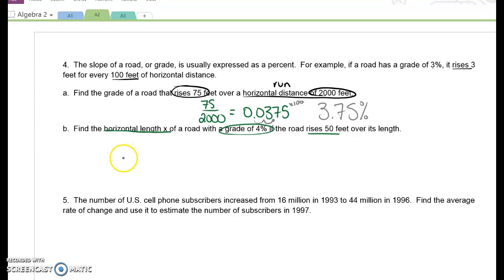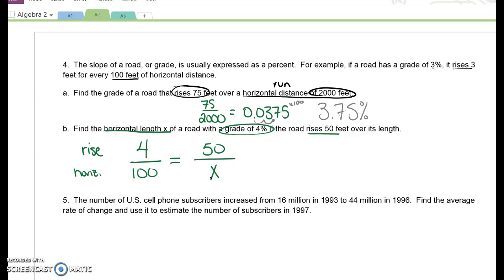We do know that the grade is 4%, and that means 4 feet vertical rise over 100 feet horizontal length. This needs to be equal to our road. On the top, we know that our road rises 50 feet over its length, but we don't know its horizontal length, so we put x in that spot.